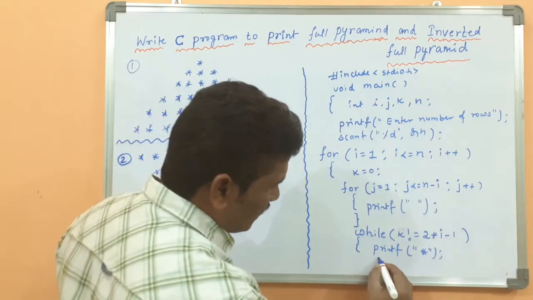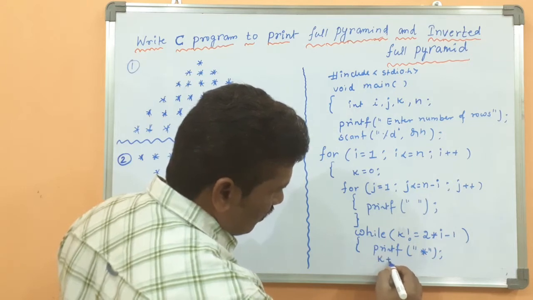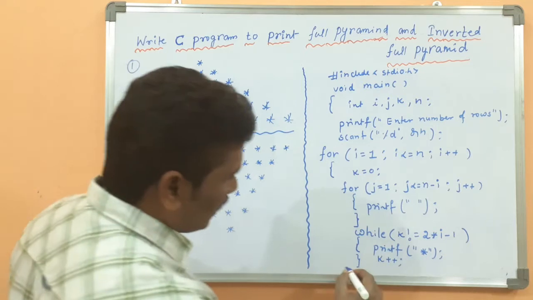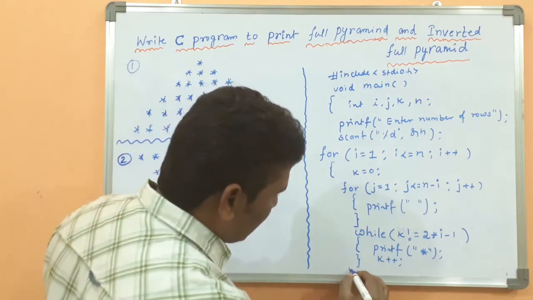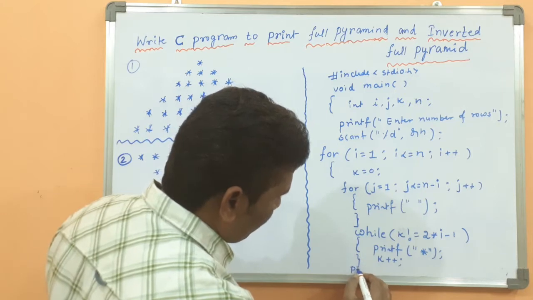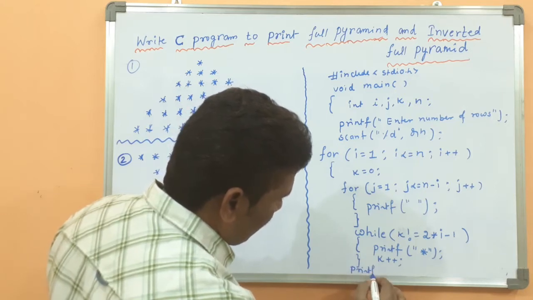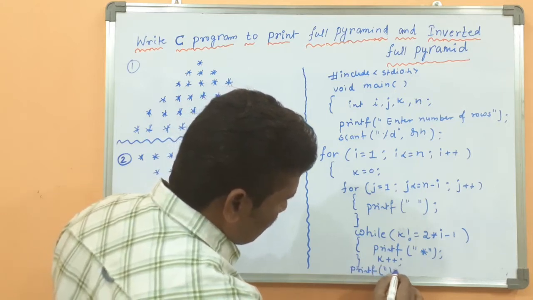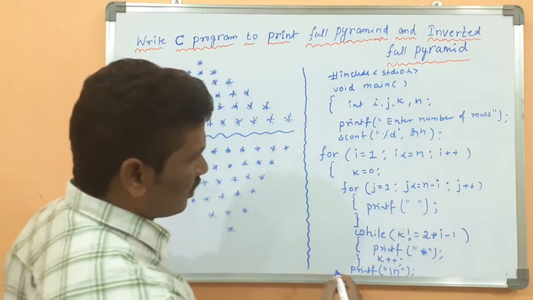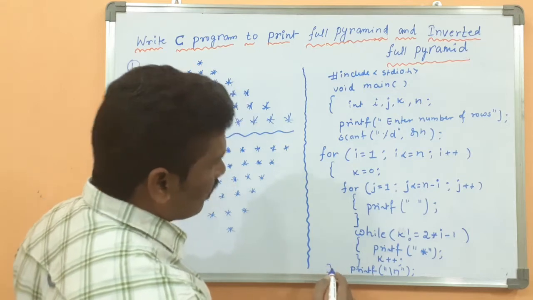Then k plus plus. Then after that you should write the statement printf backslash n.